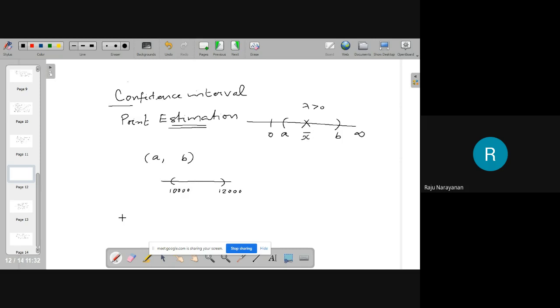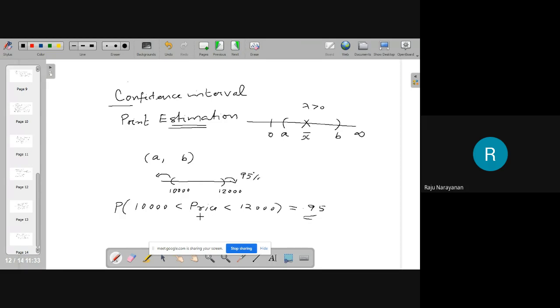Therefore, I am asking again, are you sure? Yes, 95% I am sure. That is, you are attaching a probability also to make me convinced. In 5% of cases, the price will be outside this interval. That means you are saying that the probability that the price of the mobile phone lies between 10,000 and 12,000 rupees is 0.95.